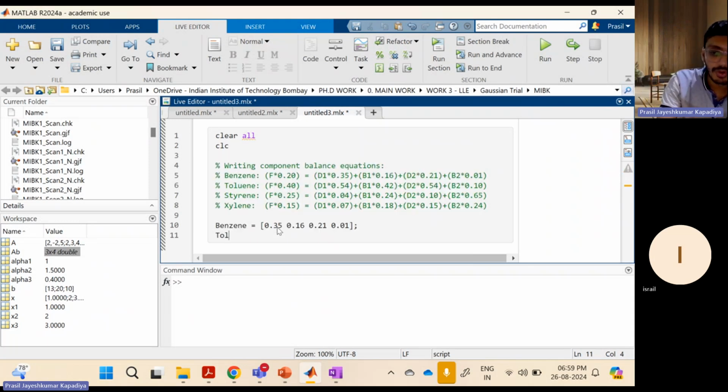In my second row, toluene is 0.54, 0.42, 0.54, 0.10.